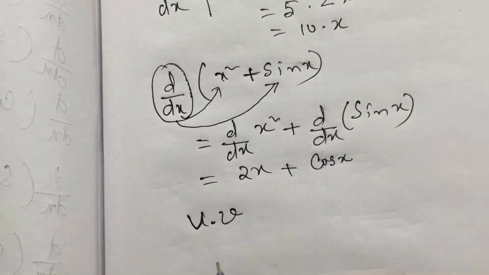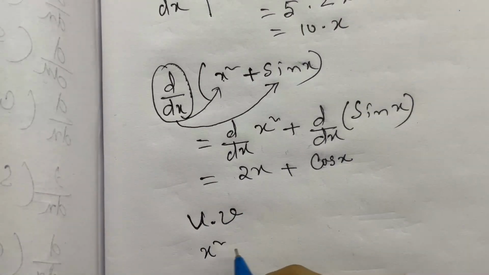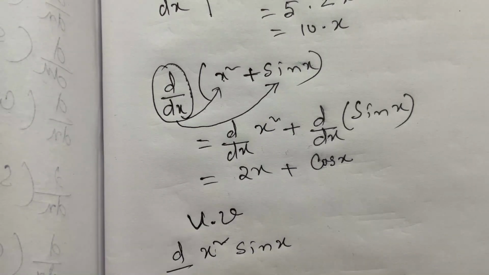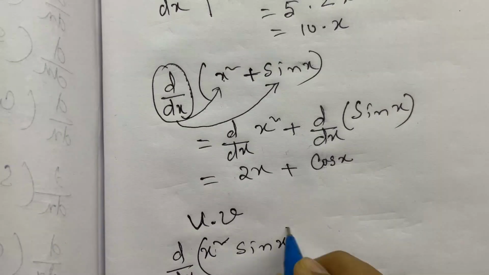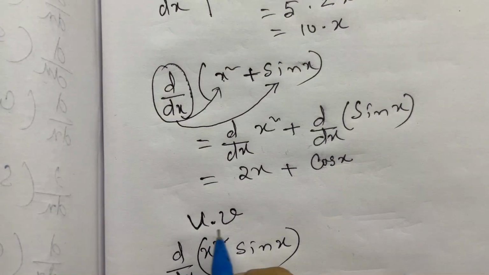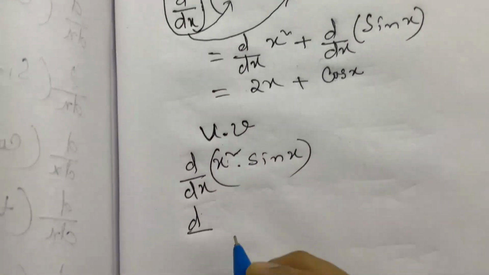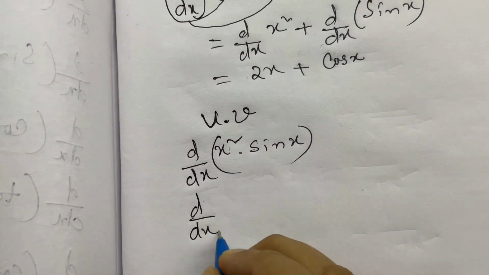For example, x square and sin x, this function is given and you have to do d dx of this. So here u and v, their relation is a product. So how to do that? Let us write the formula first.